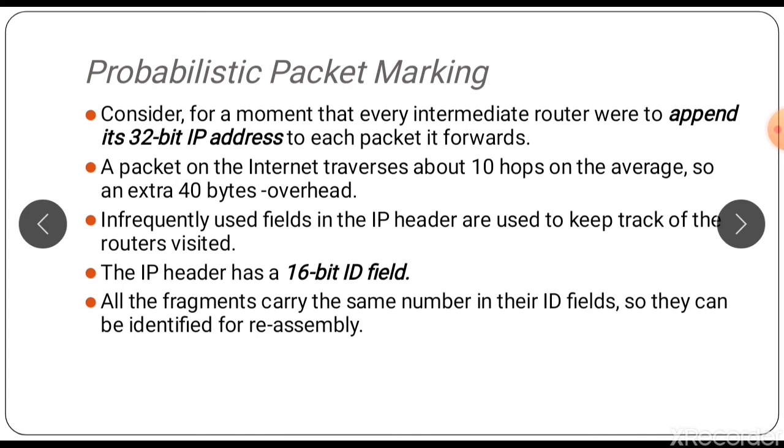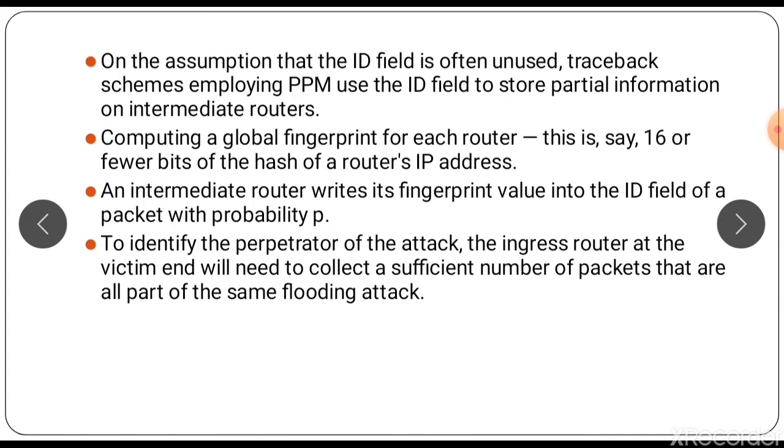One of the assumptions is that the ID field is unused. So the traceback scheme employing probabilistic packet marking uses this ID field to store partial information on intermediate routers. But given that the length of each IP address is 4 bytes, how can a packet store router address information in its 16-bit ID field?